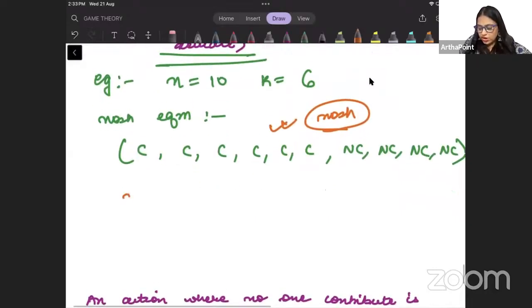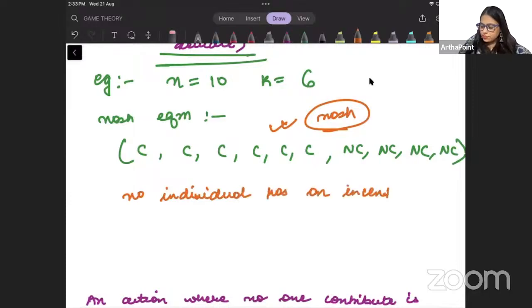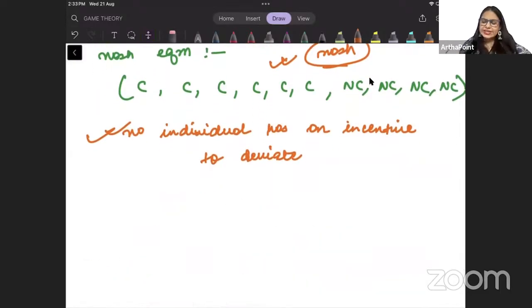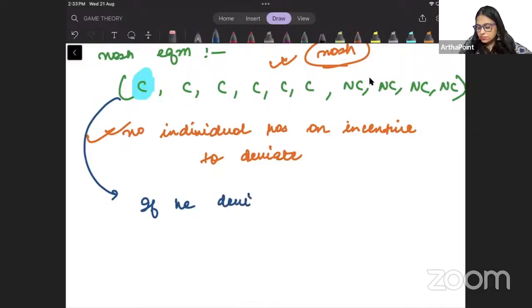Here, no individual has an incentive to deviate. No one has an incentive to deviate. किसी को deviate करना ही नहीं है. Let's see. Consider this individual who is contributing. If he deviates, तो क्या हो जाएगा?